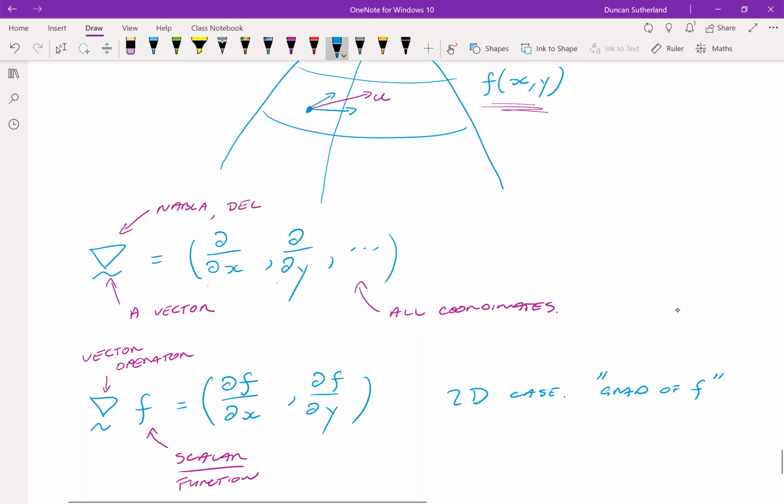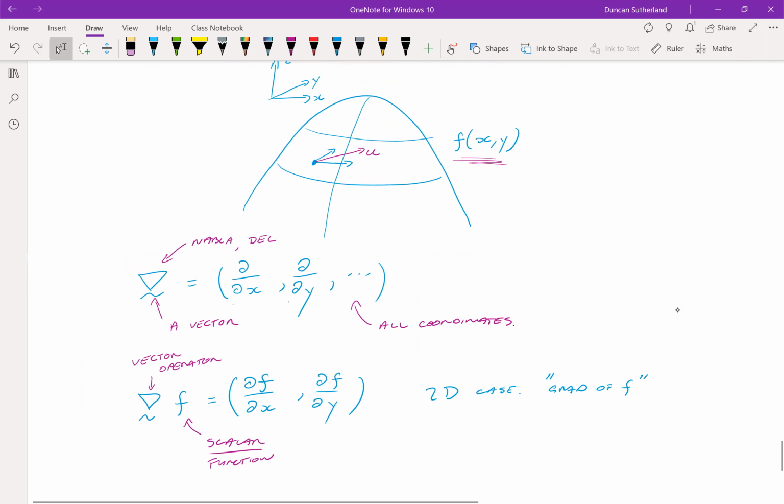This grad of f, if you like, is information about the derivatives in the x and y directions all over this function bump here.